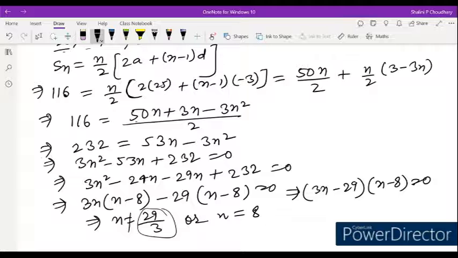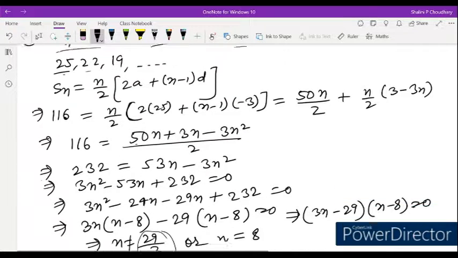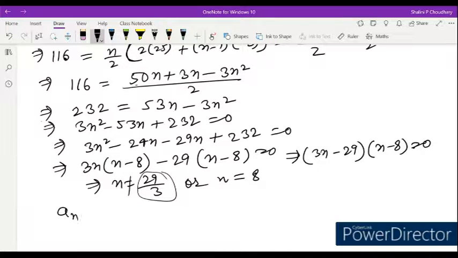Now we have to find out the last term, an. So an will be equal to a plus (n minus 1) into d.